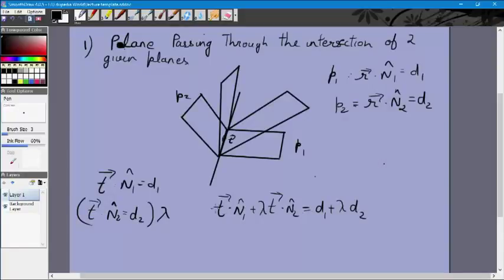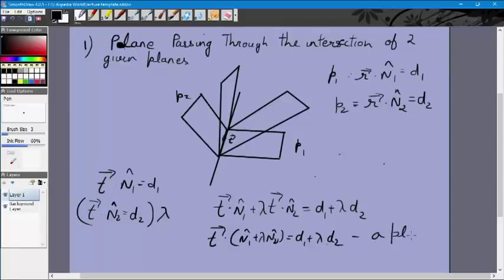And now this is satisfied by every point on this line. But we can write this equation further as t dot (n1 plus lambda n2) is equal to d1 plus lambda d2.